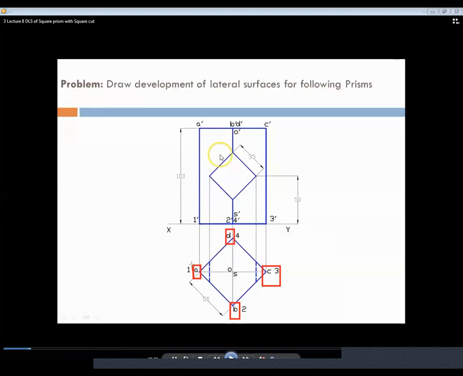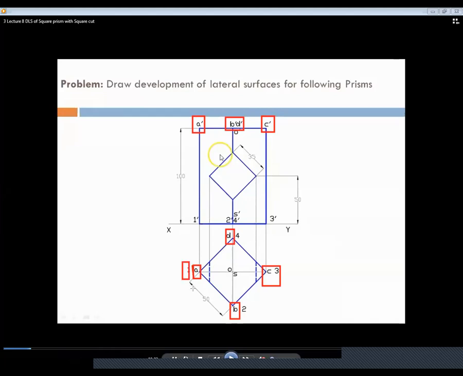They have given the naming A, B, C, D in top view, and we know that in front view it will be A dash, B dash, C dash and D dash. You have to match the projection accordingly. If A point in top view is here, then at the same projection A dash will be there.